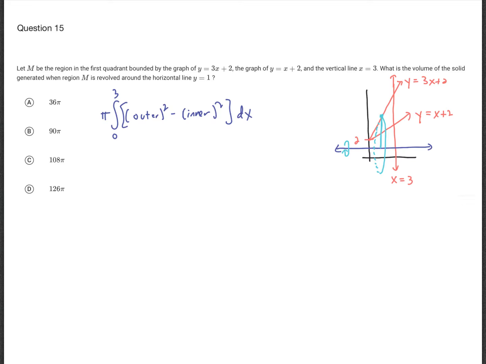Okay, but look at the radius of this cross section. It doesn't go all the way down. If it went all the way down, that would just be the function itself. But this doesn't go all the way down, so there's a little gap of 1 here. So we'll have to take whatever the distance is, which is the function, and then subtract 1. So instead of 3x plus 2, that'll be 3x plus 1.